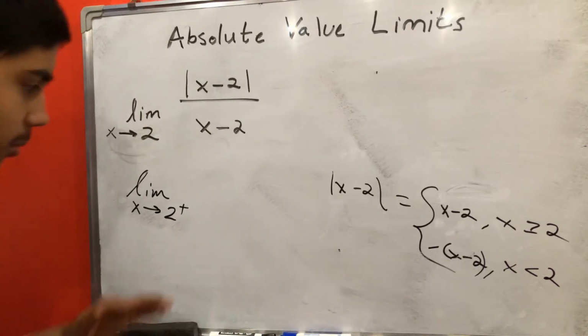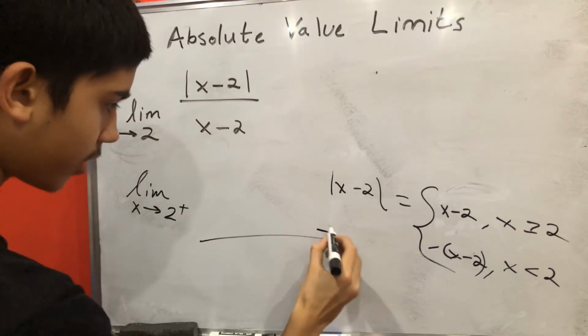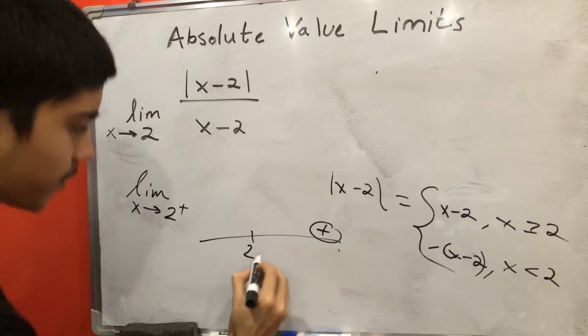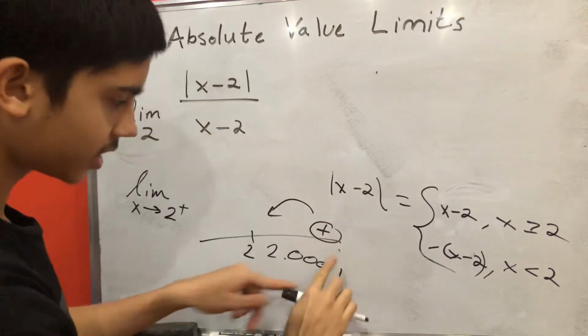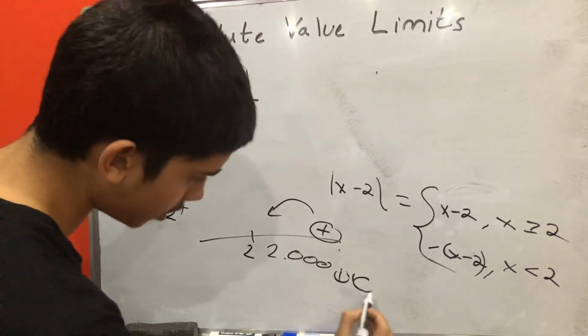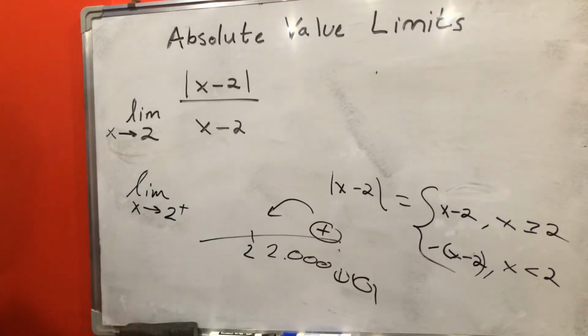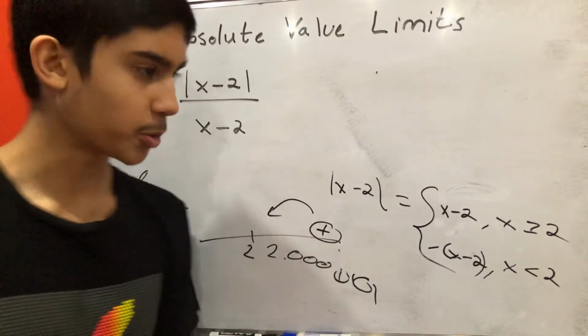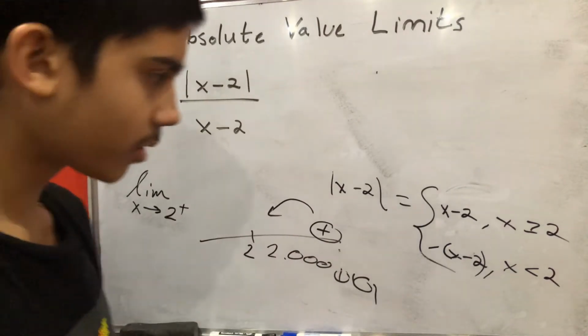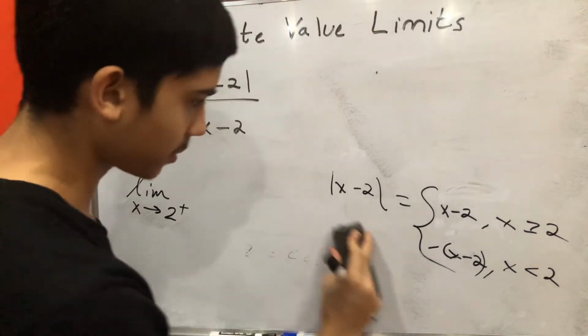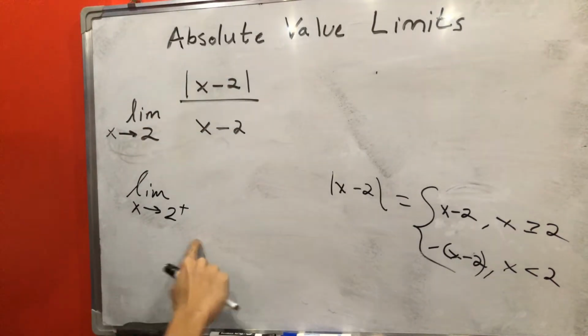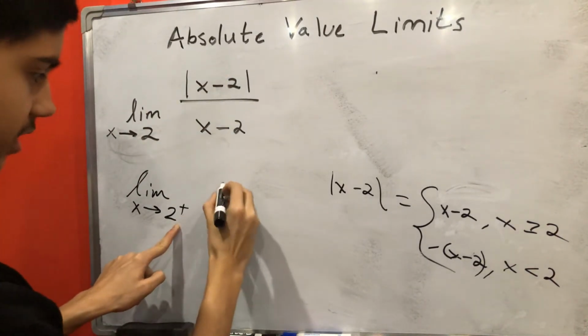If it's coming in from the right, let's recall how our graph will look. This is 2, and it's coming in from the right, 2.0001, getting very close to 2, but it's always going to be bigger than 2. So we're just going to say that that's equal to x minus 2.